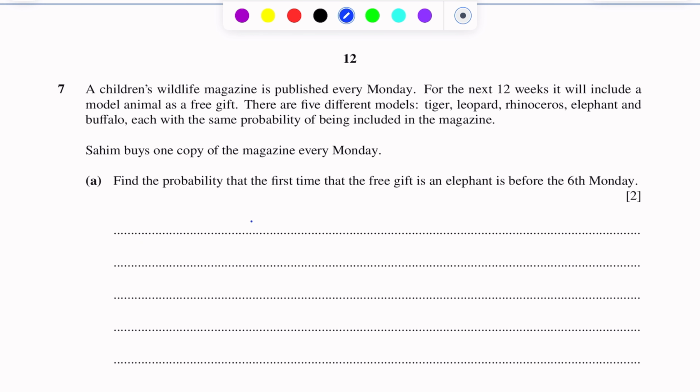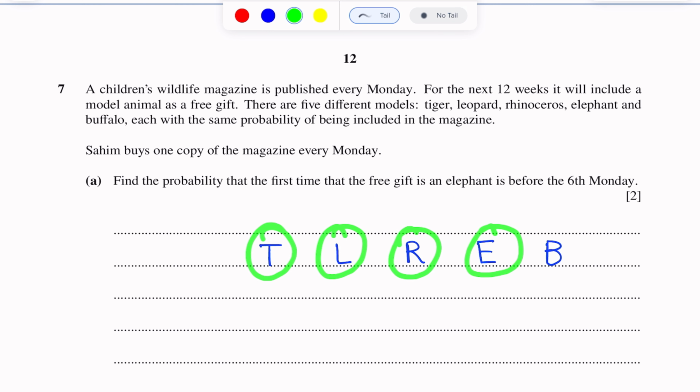T for tiger, L for leopard, R for rhinoceros, E for elephant, B for buffalo. These are 5 animals with the same probability of being included in the magazine.